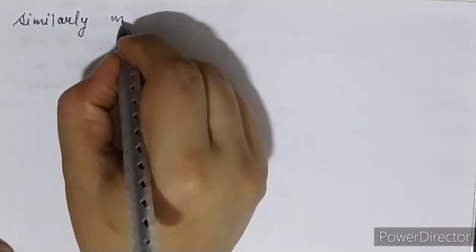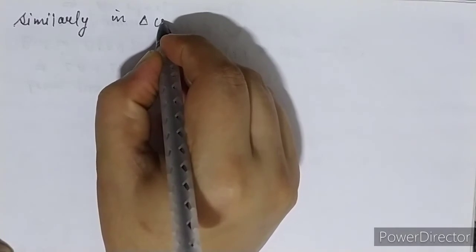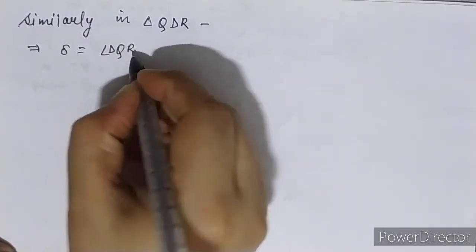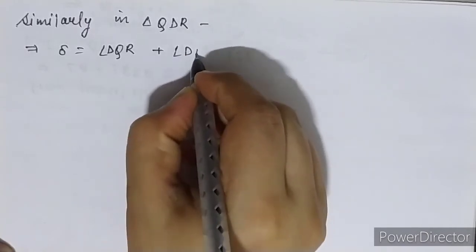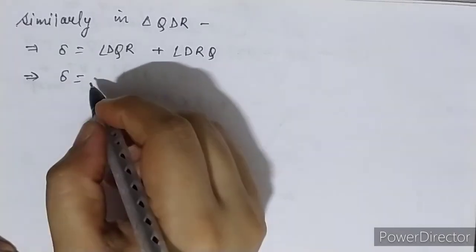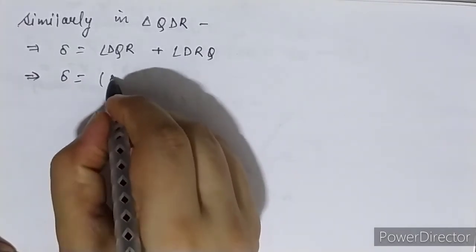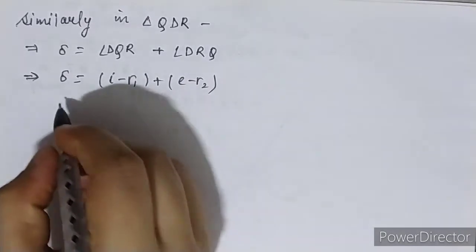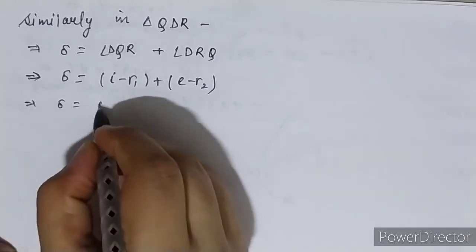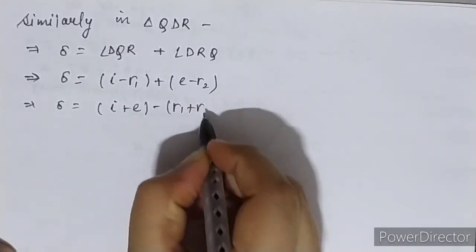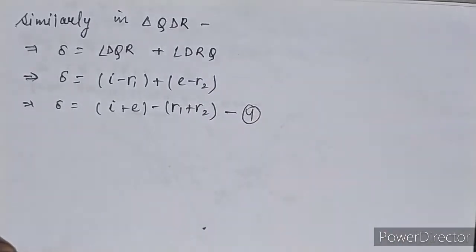Similarly, in triangle QDR, del is equal to angle DQR plus angle DRQ, meaning del is equal to I minus R1 plus E minus R2, and taking it common, I plus E minus R1 plus R2, equation number 4.